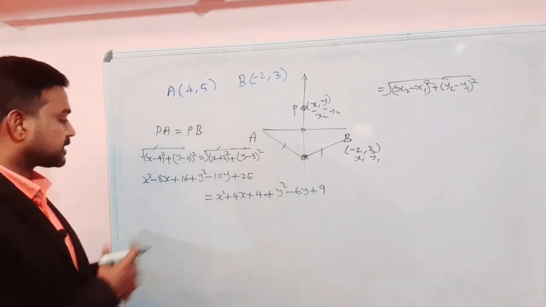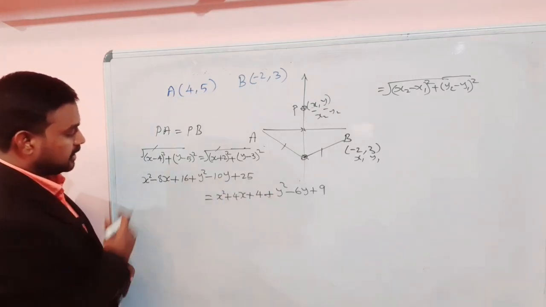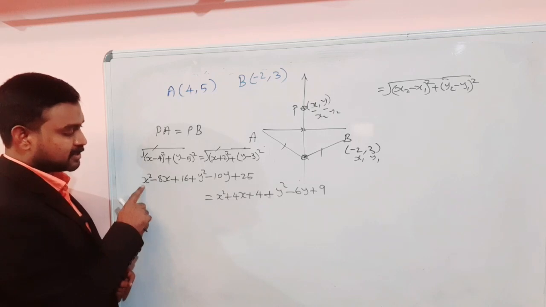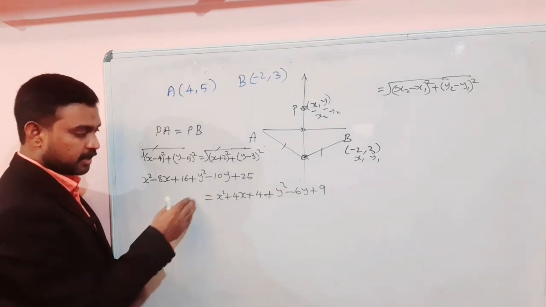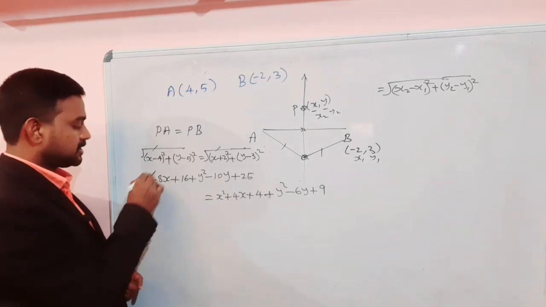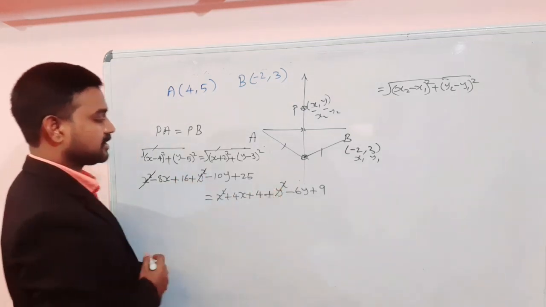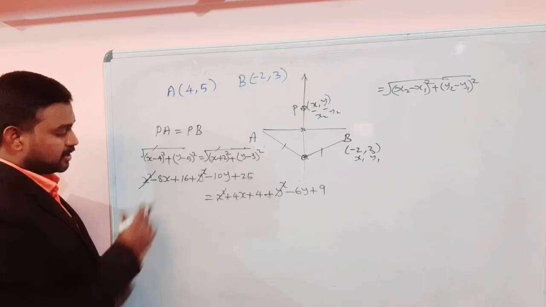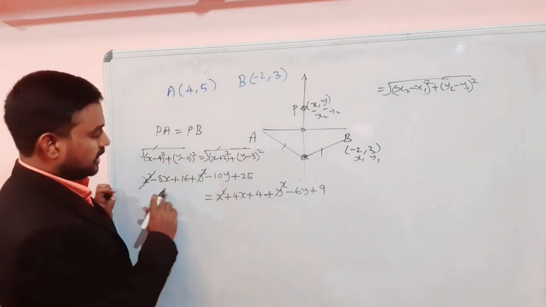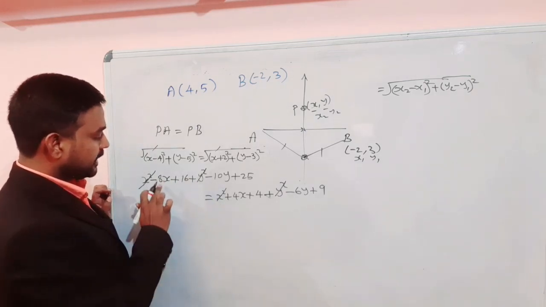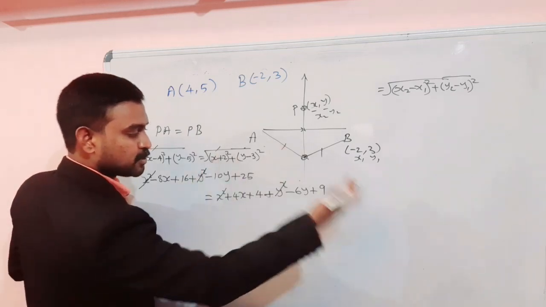After the expansion we can see the same terms on the right side and left side. Here x square is there, and here x square is there; if it comes to the right side it will be cancelled. So this x square and this x square cancel, and this y square and this y square cancel. The remaining terms we can join together. Here minus 8x is there and here minus 10y is there. These are negative terms, so they can be transposed to the right side.